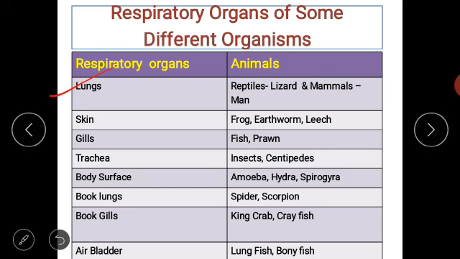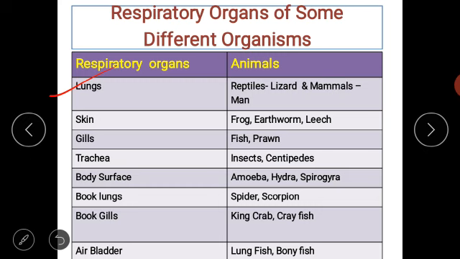Lung is a well developed respiratory organ and it is quite big, present in the thoracic cavity. What is the thoracic cavity? The thoracic cavity is the cavity of the chest of an organism, and the lung is present there, inside the rib cage, protected by it.